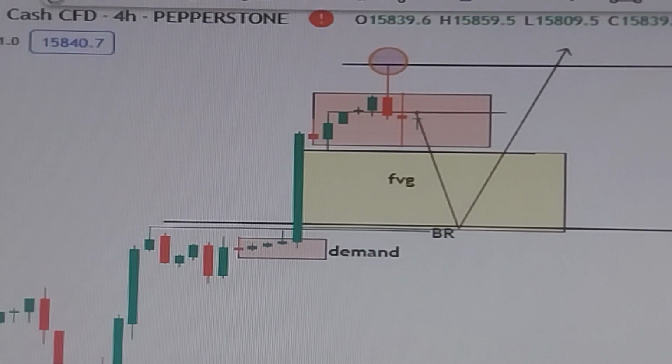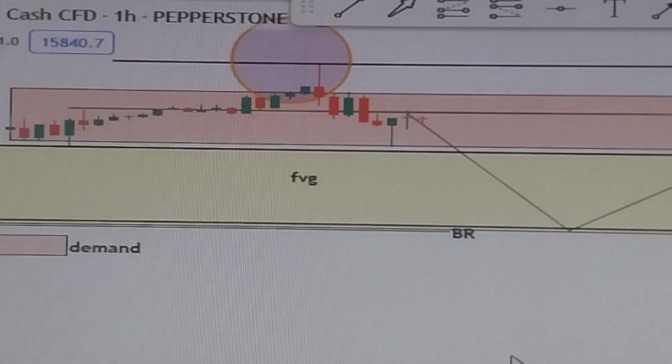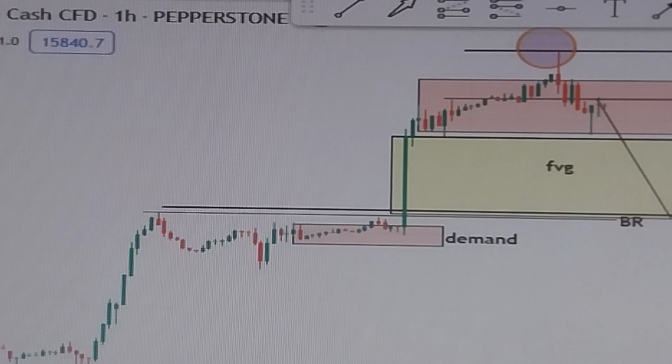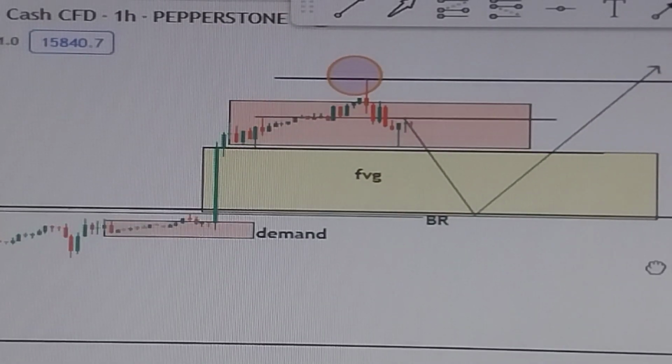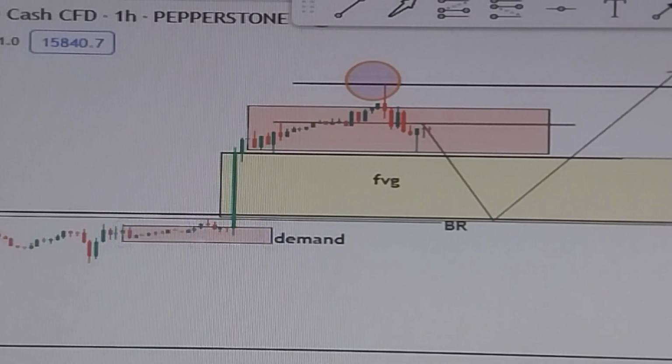So now when you refine your price from your 4-hour time frame to your 1-hour time frame, this is what you should see. The consolidation that we talked about on the 4-hour time frame, there it is. The fair value gap that we talked about on the 4-hour time frame, there is the fair value gap on the 1-hour time frame.